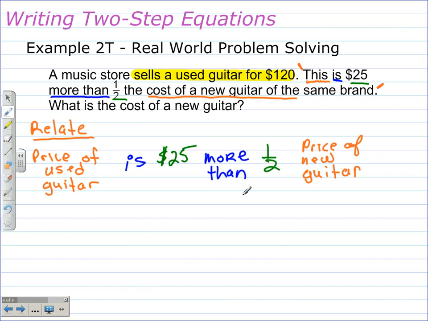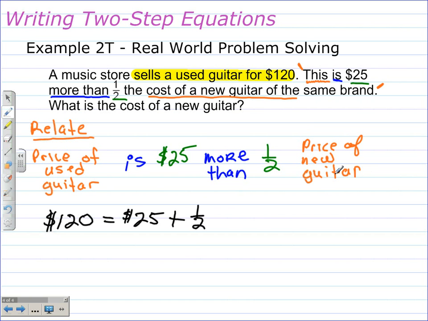Now from here, these words that I relate from the problem, I'm going to write my equation. The price of a used guitar is $120. Is translates into the equal sign, 25, since it's a number, can stay 25. More than translates into an addition sign, one half.